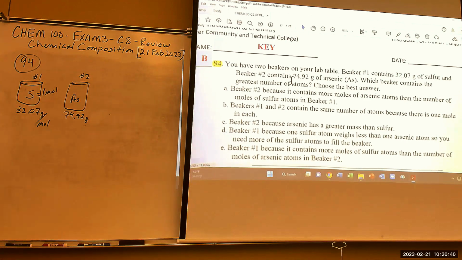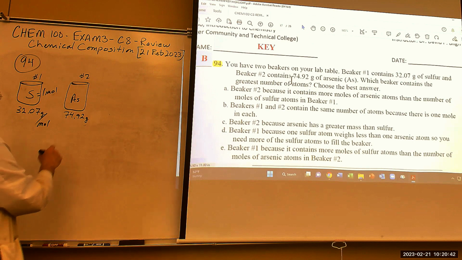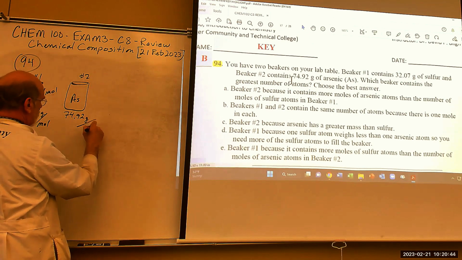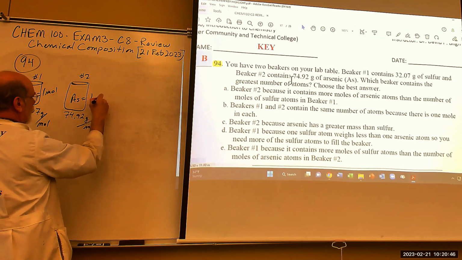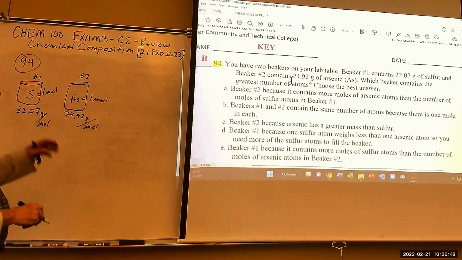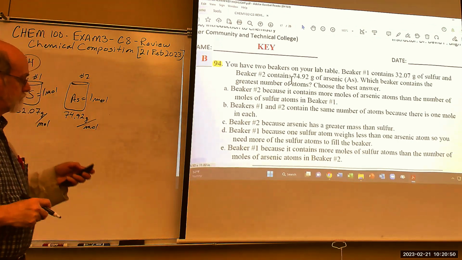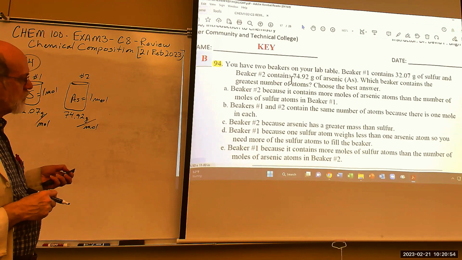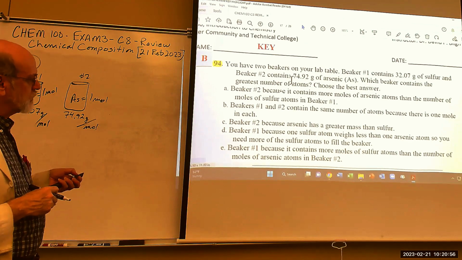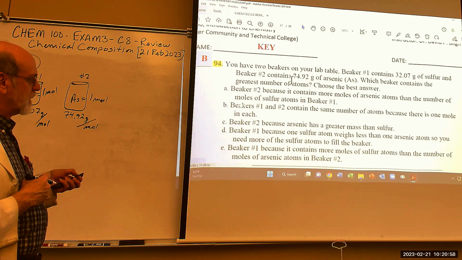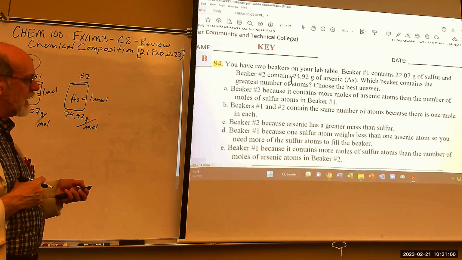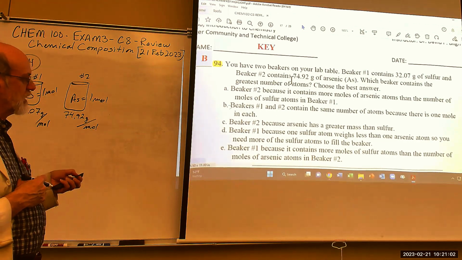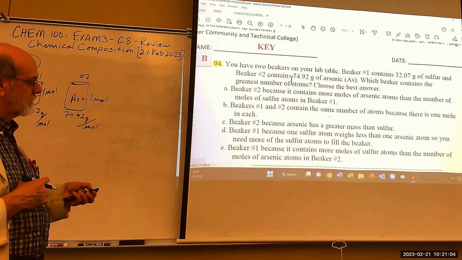Arsenic is 74.92 grams per mole, so that's 1 mole. So they both have a mole. Which beaker contains the greatest number of atoms? Beakers 1 and 2 contain the same number of atoms because there is 1 mole in each. There's your answer.